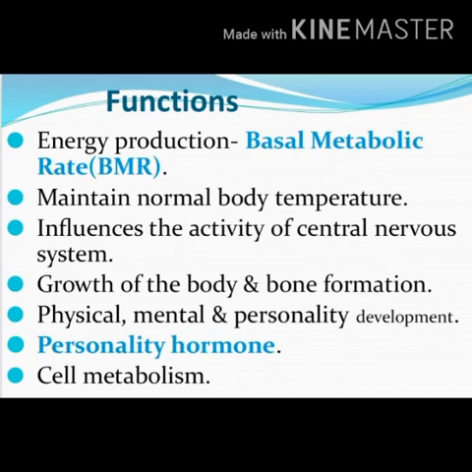If our physical, mental and personality development is very good, it means our thyroid hormone secretion is at a good level. Because of this, the hormone is also known as the personality hormone. And this thyroid hormone also helps in cell metabolism. These are all the functions of thyroid hormone.